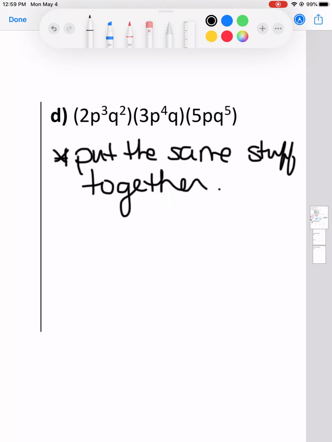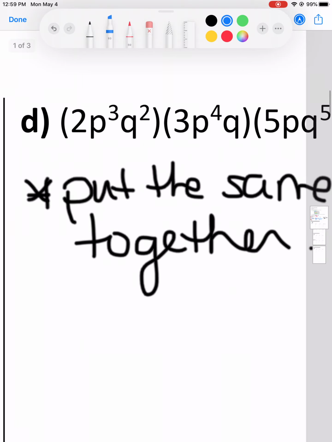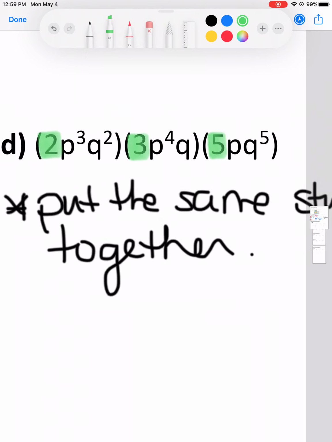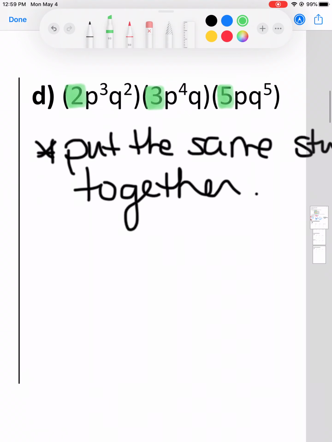So, what I'm going to do first is put all my numbers together. Like coefficients, big numbers. 2, 3, and 5. We're going to have 2 times 3 times 5. That's this.